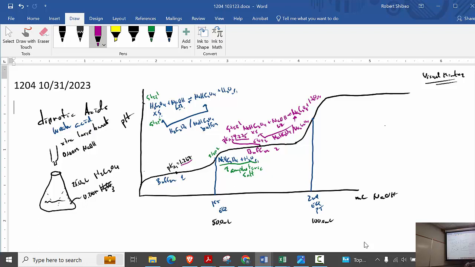And so this equivalence point here is not pH 7, it's a pH less than 7 for the amphoteric salt. Now that means that the amphoteric salt is a better acid than it is a base, that is, the Ka is bigger than the Kb.